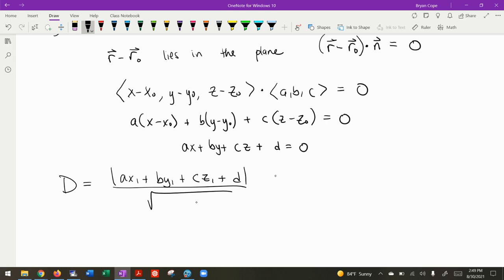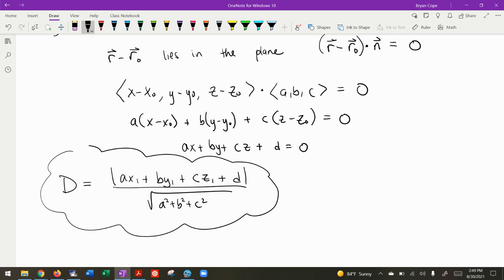I want you to have this formula in your notes for today because it's going to come up in our work. So this is the distance between a point and a plane, where the plane is written as ax plus by plus cz plus d equals 0.